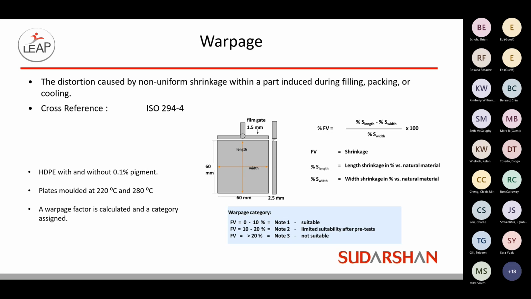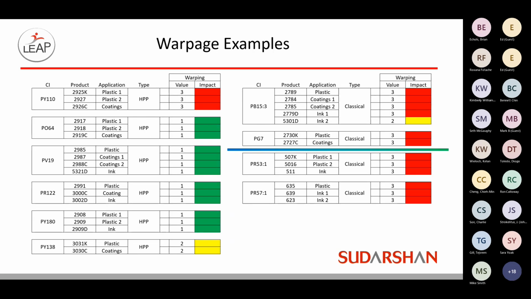These are recorded as notes 1 through 3, where a rating of 1 is suitable for that application and that technical property, and a rating of 3 is not suitable, where there's more than 20% of a shrinkage that is impacted by the pigment.